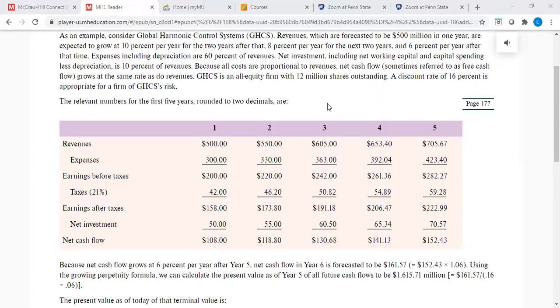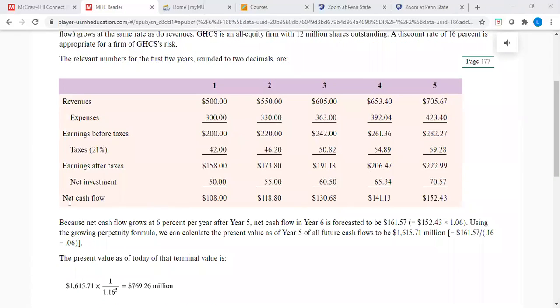Now, the first step in calculating the value of the stock using free cash flow. Now, net cash flow is our free cash flow here. Let's take a look at what year 6 will be. And we really should have that column there. It would say 6 and thereafter. So you can add that in.